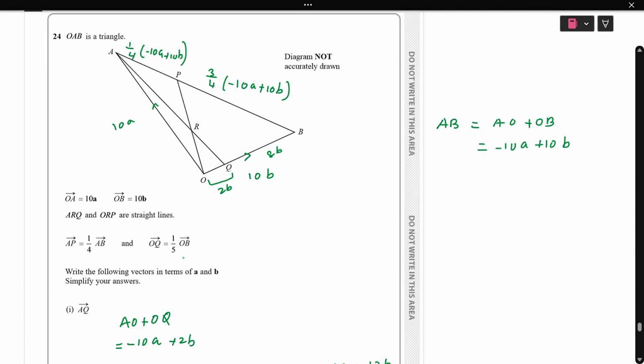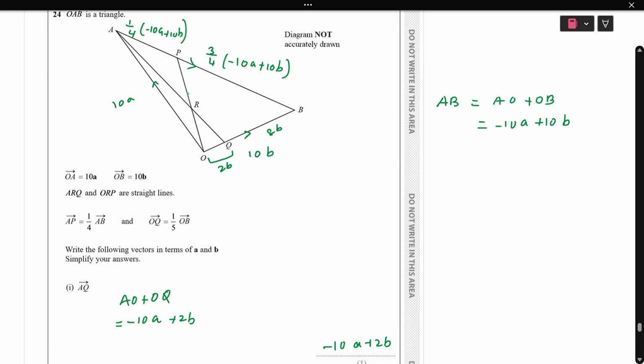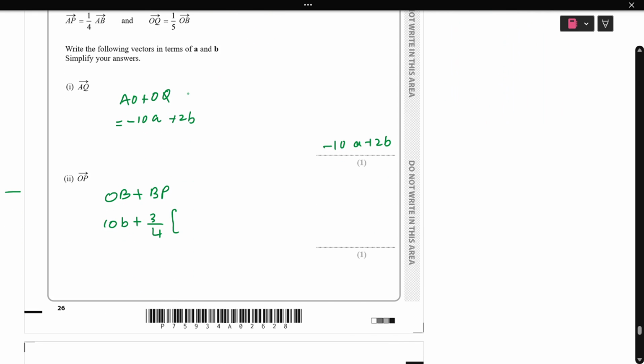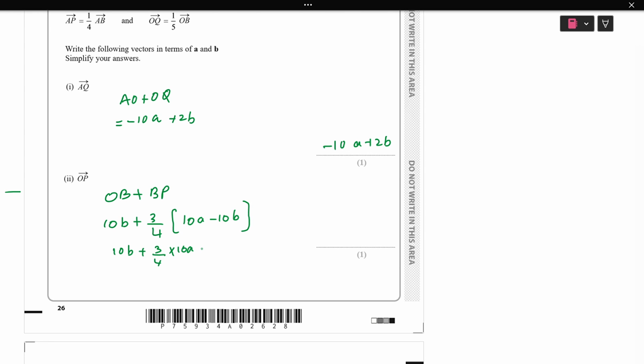BP, actually we found AB first, so we have to go for the opposite sign, which is 3/4 of plus 10a minus 10b. So 10b plus 3/4 of 10a minus 3/4 of 10b.